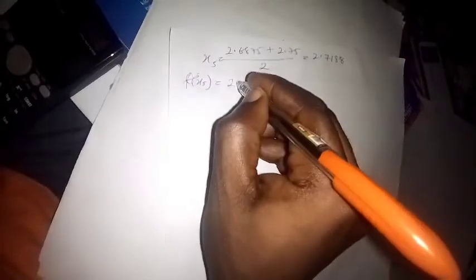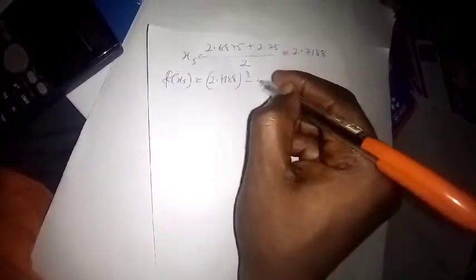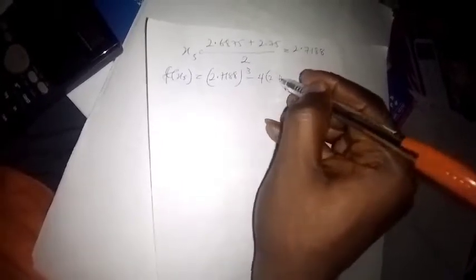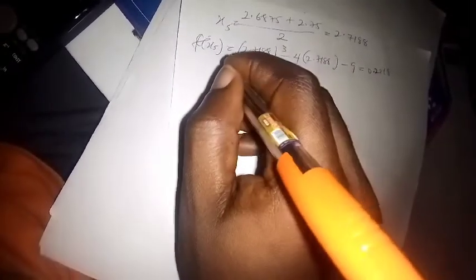Now let's test where this one lies: x5 = 2.7188, so 2.7188 cubed minus 4 times 2.7188 minus 9. This is now the value. But when do you stop? Now this is the new root.